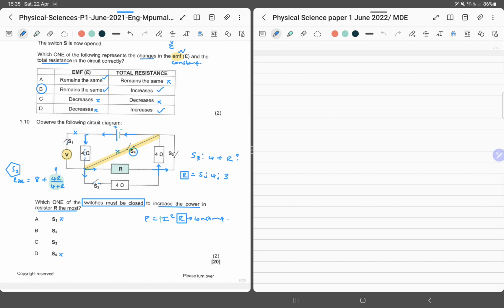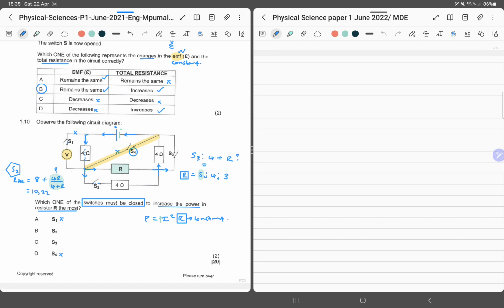Okay, so I'm getting here a 10. So when we're using 5, the total resistance here is 10,22. But what would be the total resistance here?